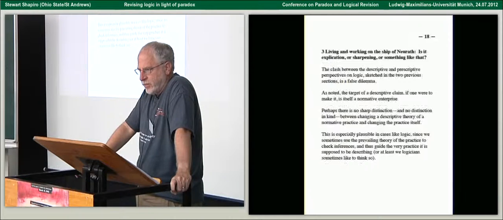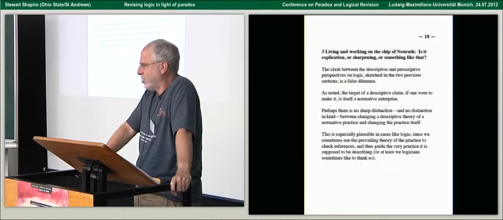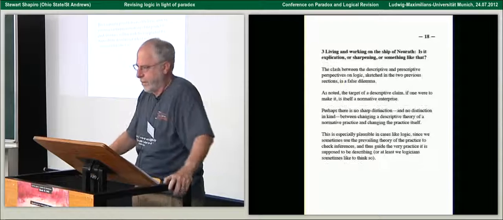This is especially plausible in cases like logic, since we sometimes use the prevailing theory of the practice to check inferences and thus guide the very practice it's supposed to be describing. Or at least we logicians tend to like to think that. Somebody wants to know if the logic's okay, well, ask us, we'll tell them if their reasoning's okay.